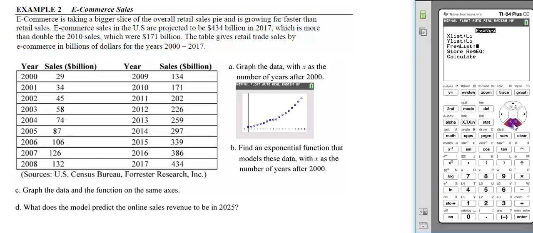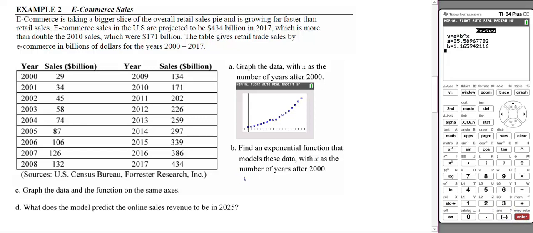We're automatically taking from list 1 and list 2, and let's store the regression equation so that we can see the graph later for part C. Calculate, and notice where they've put A and B. So y equals 35.6 times 1.17 to the x.